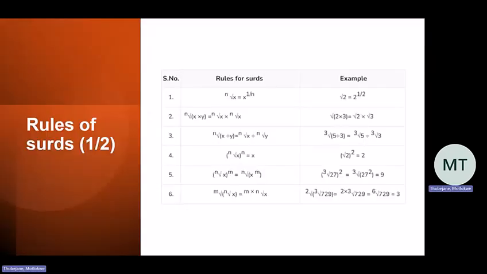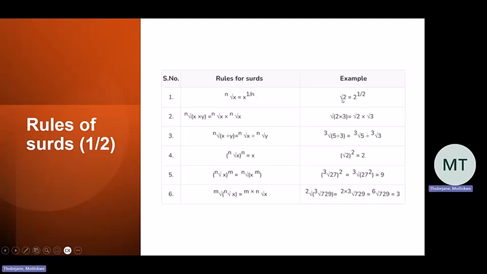There are further rules that we need to understand around these sums. Rule number 1: the n-th root of x, as we said, this is a root, just that we don't have that line here, is equal to x to the power 1 over n.